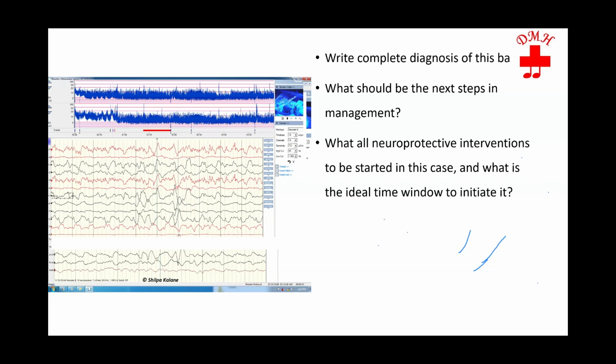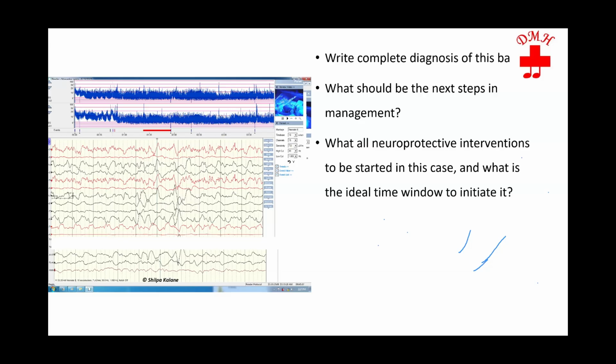Okay. The baby needs to be euthermic, euglycemic, correct? Normotensive. Basic management should be done. The basic care is very, very important before we even consider therapeutic hypothermia in this particular patient. Okay?